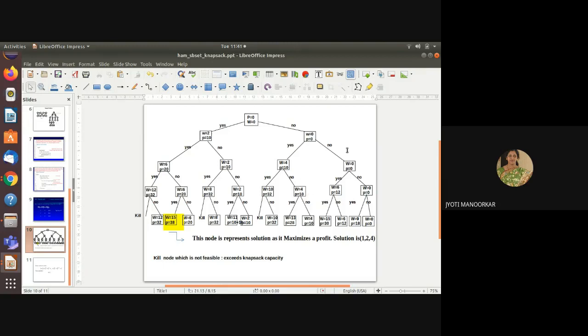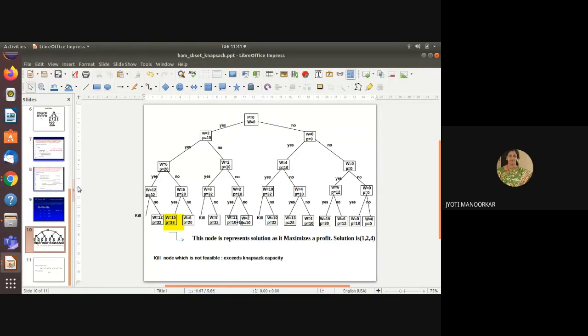How many internal nodes are minimum created? That is 2 raised to n if you have n elements. So just to keep a bound on the profit value, depending on that bound you can decide whether a particular internal node has to be explored or created or not. That bound calculation we will see in the next lecture, and depending on that, your state space tree representation will also change.